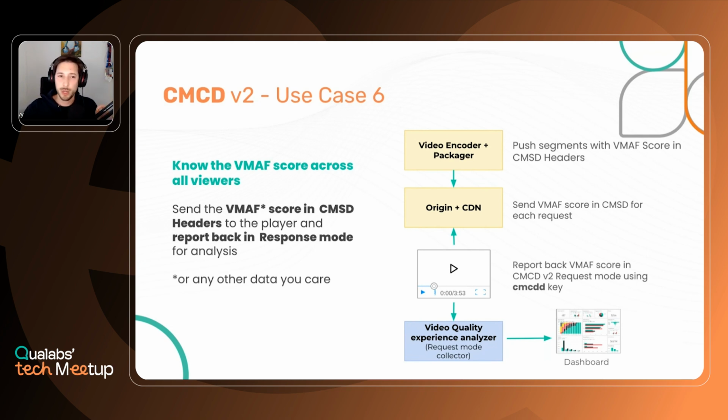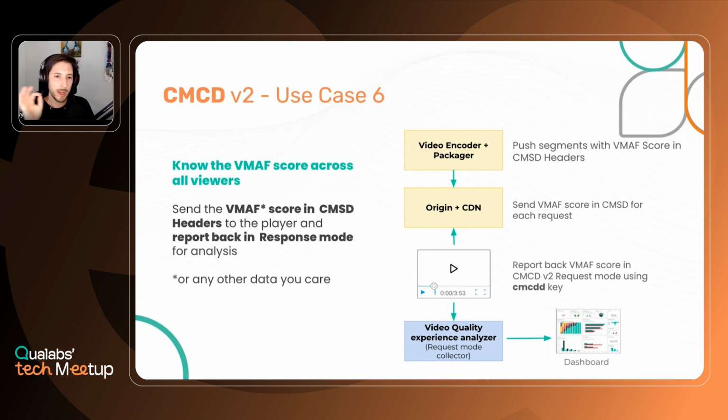So this is very cool and very powerful because now you can understand, no matter what layer, what bit rate they were watching from the content, the real BMAF experience your user had. And I think that is very powerful.